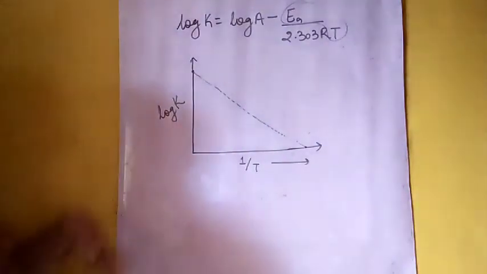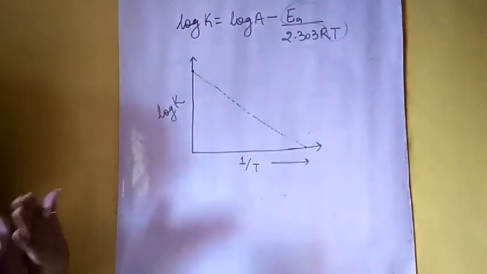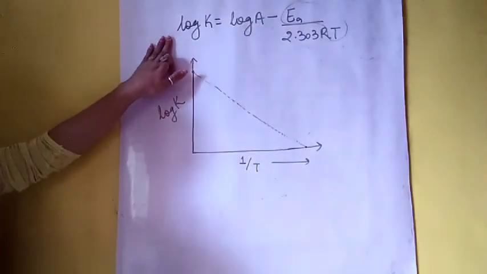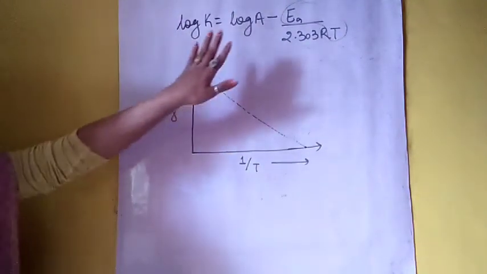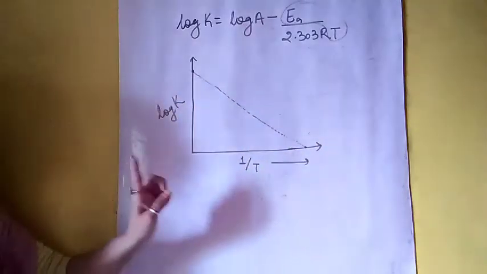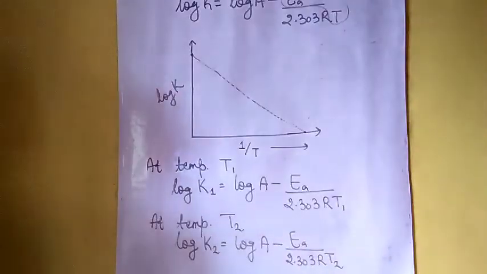So let us modify this equation between two temperatures. How will we modify this between two temperatures? Suppose in this equation we take a temperature T1, and for another temperature T2 we will also write this equation. Now suppose we are taking any temperature T1.